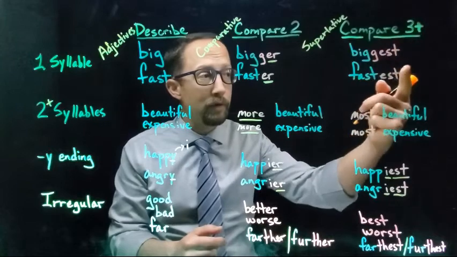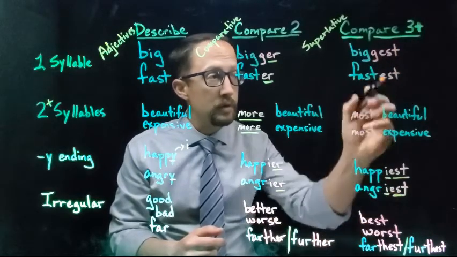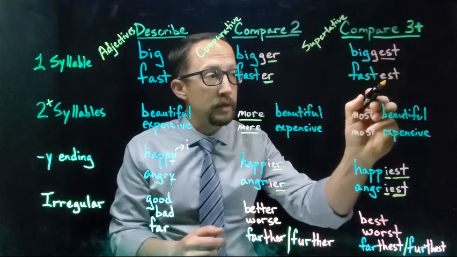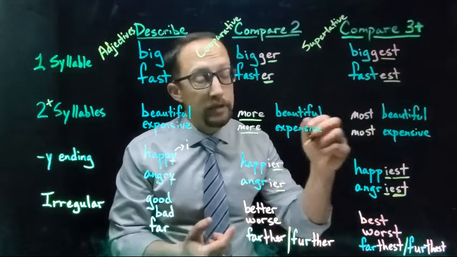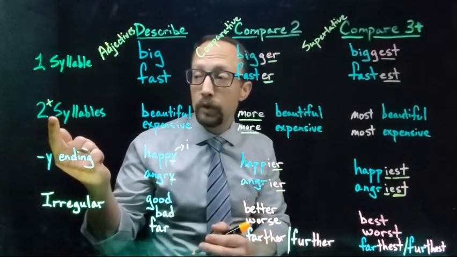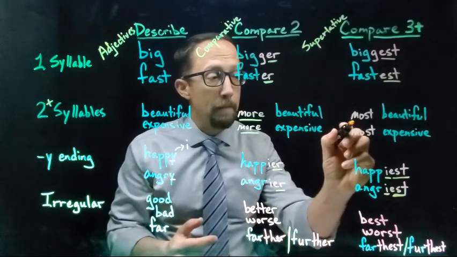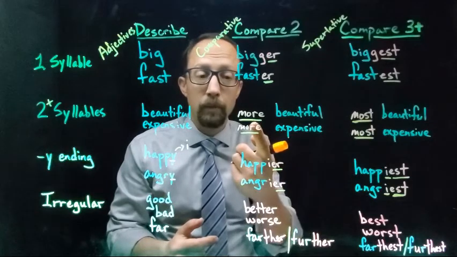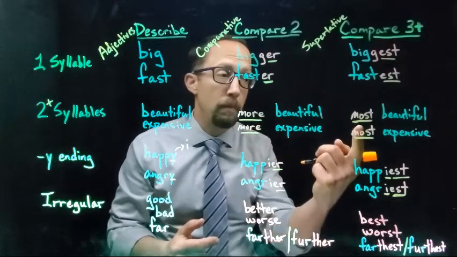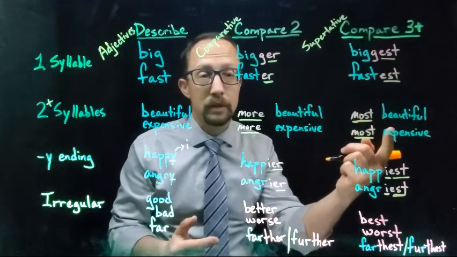For comparing three or more, we almost always use EST. For words with two or more syllables, we use most. So we go from more to most. The most beautiful, the most expensive.